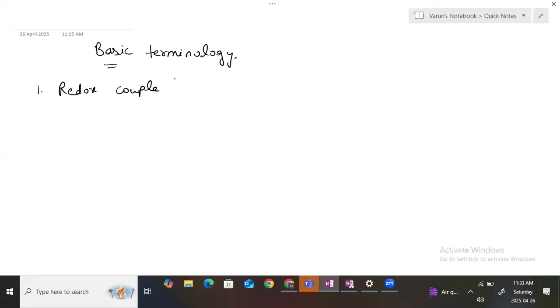What is redox couple? When we learned about the Daniel cell, I was always saying that I'm having one container, two containers, and sometimes I was calling them half cells. You getting? Yes, ma'am.